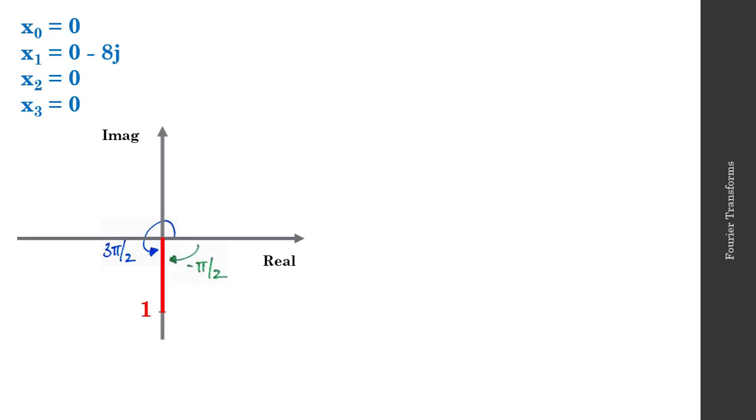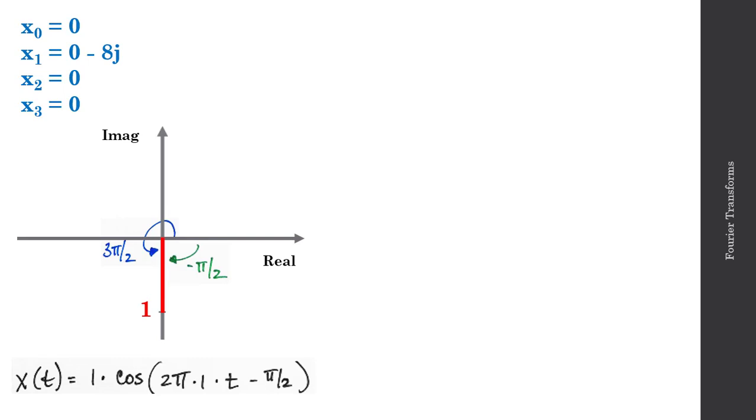What this is ultimately telling me is that this vector on the imaginary plane is going to correspond to a cosine function described by x of t equal to 1, a magnitude of 1, times the cosine of 2 pi times 1, we had a 1 hertz frequency, times t minus pi over 2.